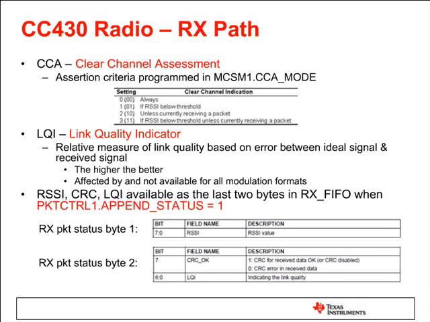You can tack it on to the last 2 bytes of your RX FIFO, so that whenever you read out a packet, you automatically get the RSSI, LQI, and CRC check included. All this, once again, is just to automate and reduce the amount of transactions you have to make through the mailbox to the radio.